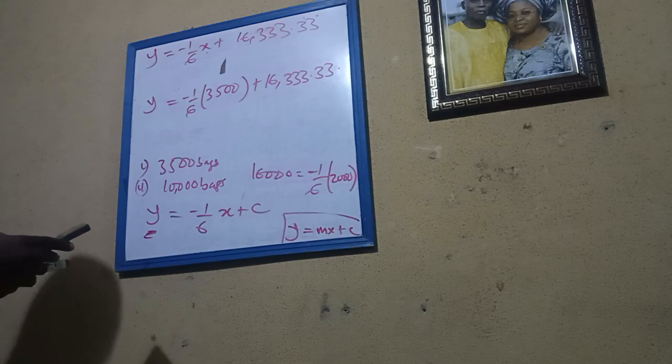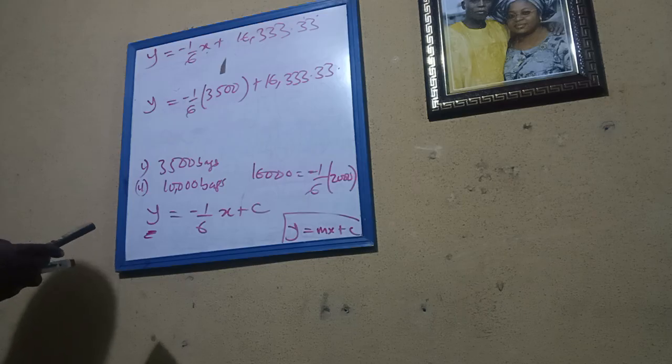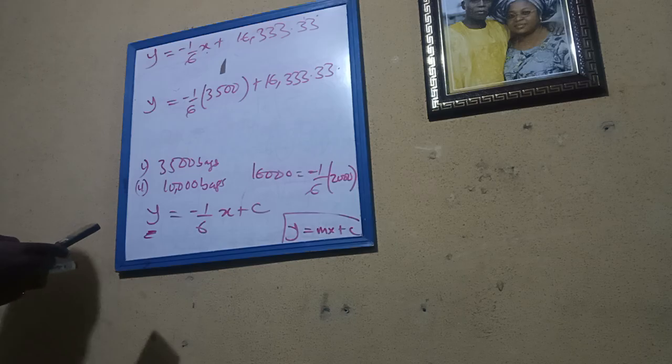Good. Now I will go again and say what is the result of dividing 3,005 by 6. Let me put the minus there, minus 3,005 divided by 6. And that gives me this.